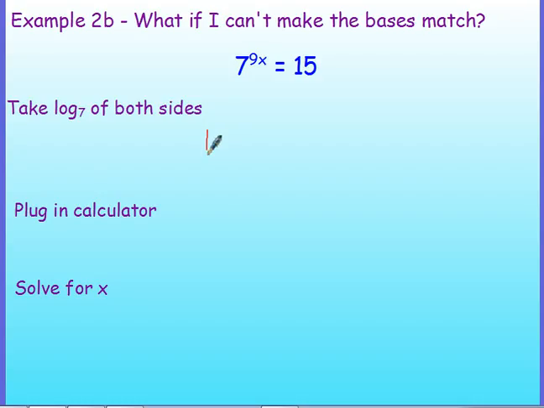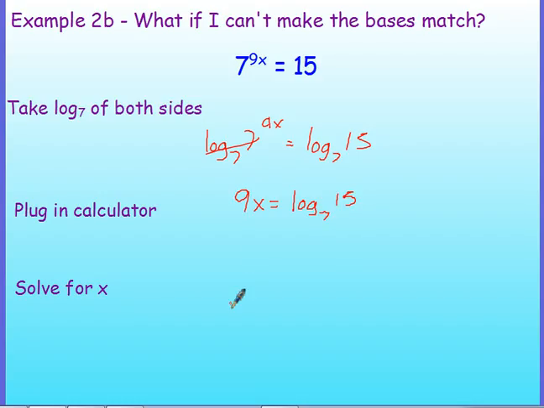Good. So it's going to look like log base 7 of 7 to the 9x equals log base 7 of 15. What's going to happen? The log base 7 and the 7 cancel, so I'm left with what? 9x equals log base 7 of 15.